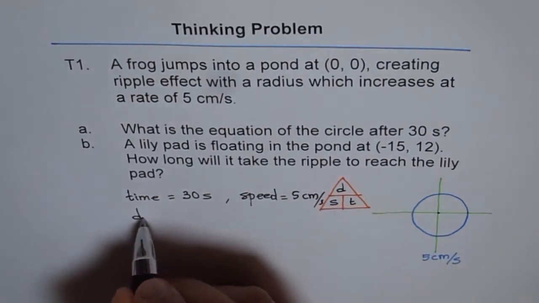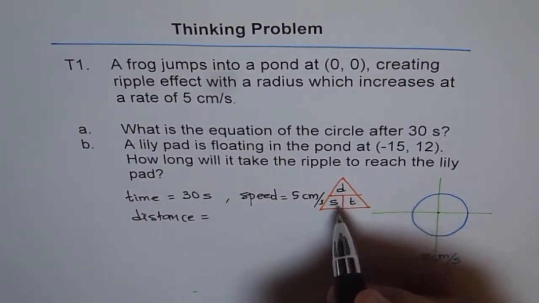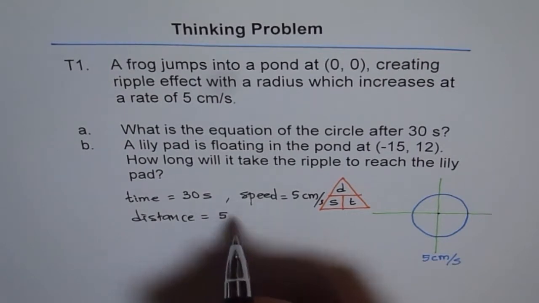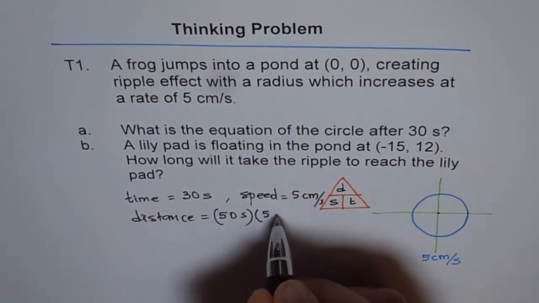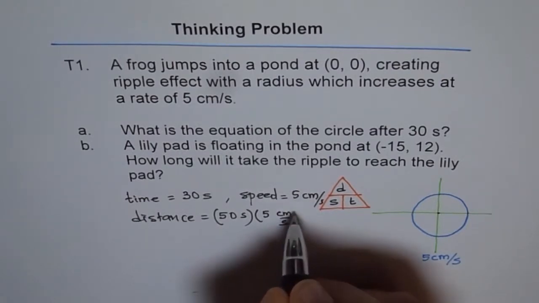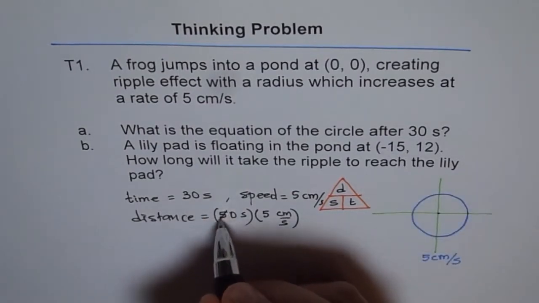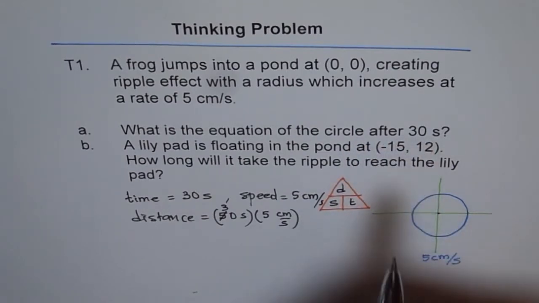So the distance will be how much? Distance is speed into time. That means 50 seconds times 5 centimeters per second, correct? Why 50 seconds? It should be 30 seconds, not 50, since we want after 30 seconds, okay?